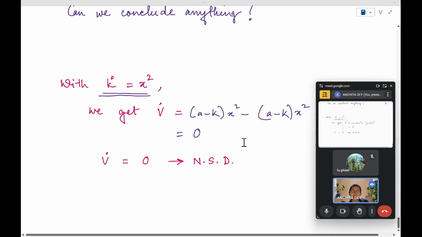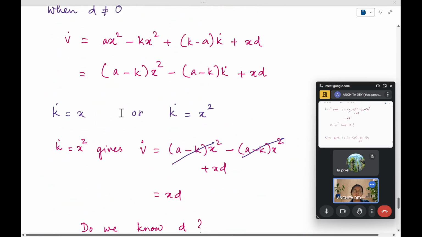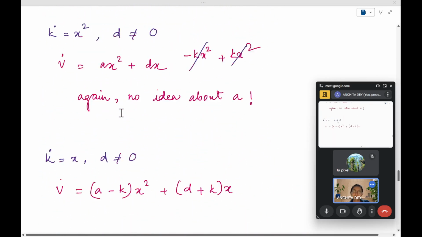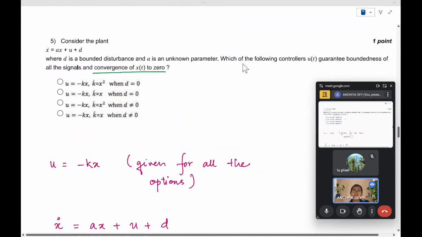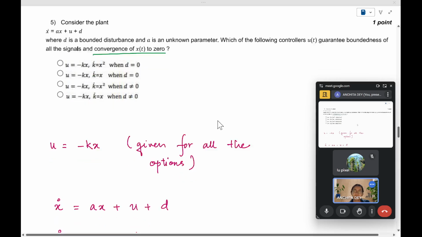So you get a negative definiteness condition, and therefore k dot equal to x square with d equal to 0 is a suitable adaptation law to guarantee boundedness of all these signals and convergence of x(t) to 0.